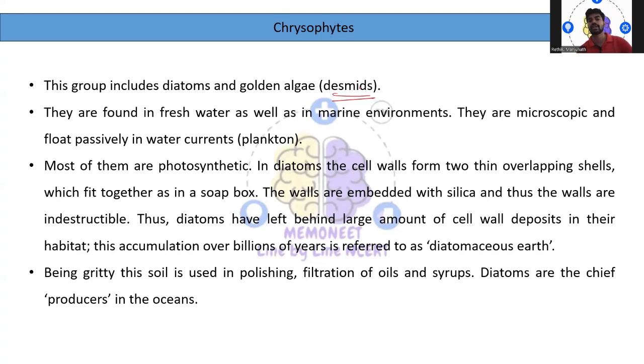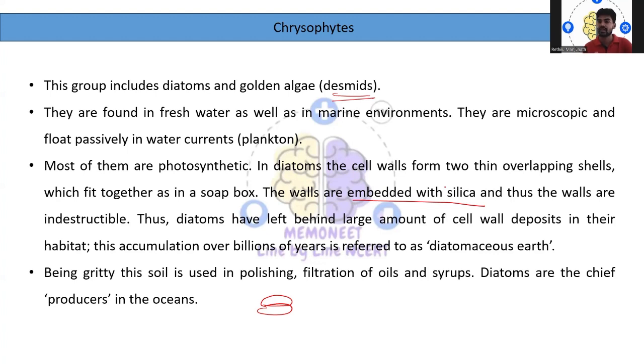When I'm talking about these diatoms, the cell wall forms two thin overlapping shells, just like a soap box. There are two halves overlapping with each other, in the form of a soap box. The walls are embedded with silica, that is, the wall is made up of silica, and thus the walls are very rough and tough.